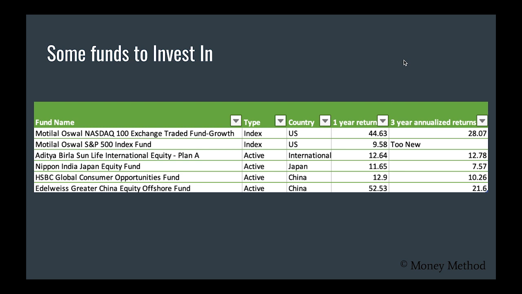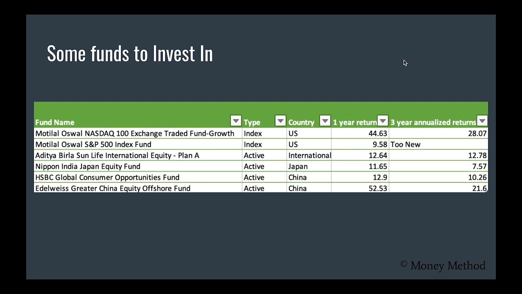There are also some funds like the Aditya Birla Sun Life Equity Fund. They put money into different markets: some in the US, some in Australia, some in Europe. They pick the best of the stocks worldwide. They have given consistent returns of around 12% over the past several years.